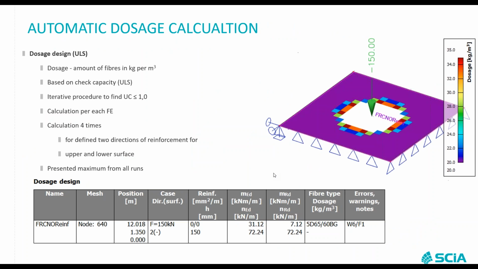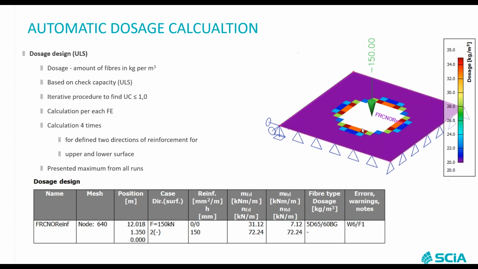At this point, in fact, take me to another subject, which is the calculation of the dosage and the calculation of the capacity itself. The way we calculate the capacity inside SCIA Engineer, in fact, SCIA assumes the same amount of kilograms of fibers exists inside each mesh.